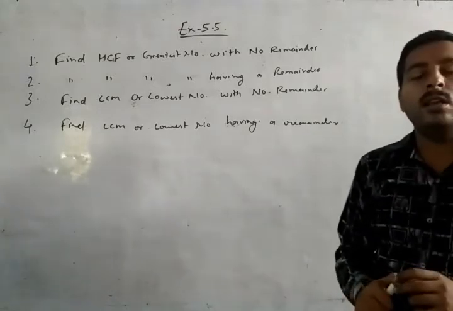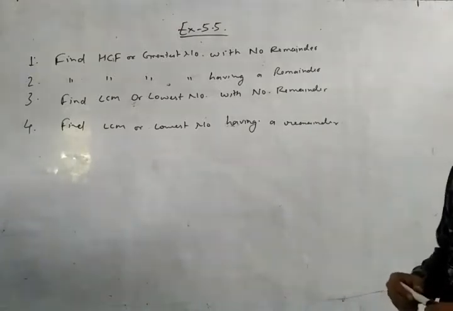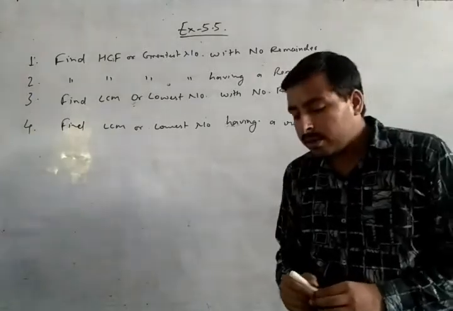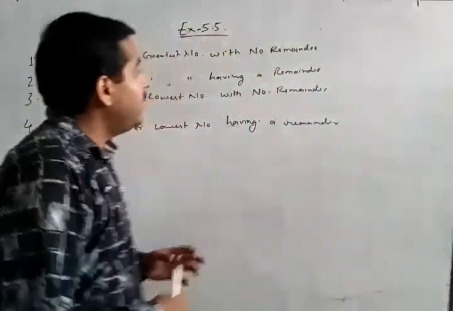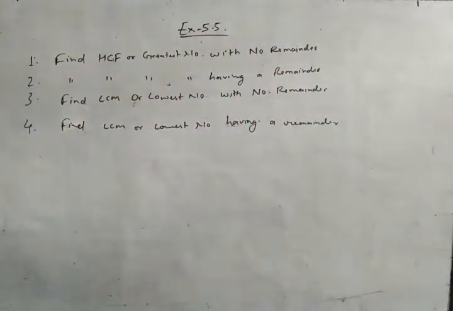Means you have to find the lowest number which does not leave a remainder with the numbers given. And the last, find the LCM, the lowest number having a remainder, means you have to find the LCM of some numbers which leaves a remainder. We will discuss all the four things in this video.